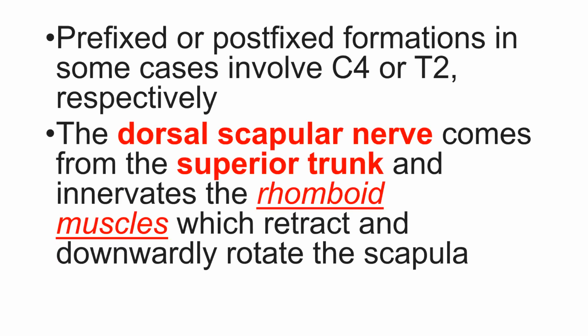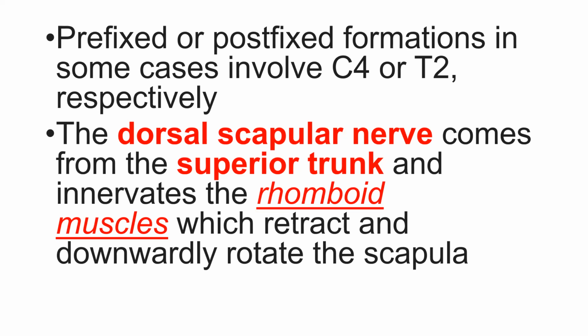Prefixed or postfixed formations, in some cases, involve C4 or T2. These are exceptions. If they ask you a question about something other than the branches, sometimes you need to say C4 and T2. Now, the dorsal scapular nerve comes from the superior trunk. And what does it do? It supplies the rhomboidus major and minor muscles.